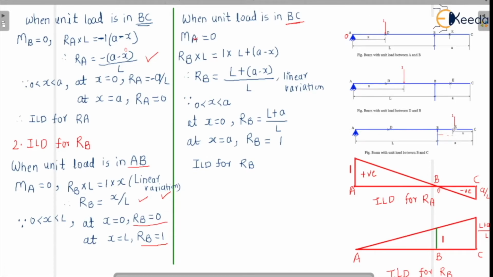So 1 into this distance, which is A minus X, plus L. So it is 1 into (L plus A minus X). So with this we are getting RB equal to (L plus A minus X) by L.